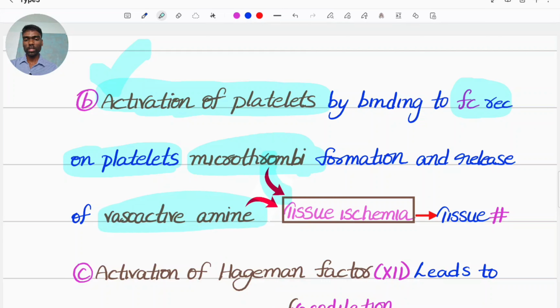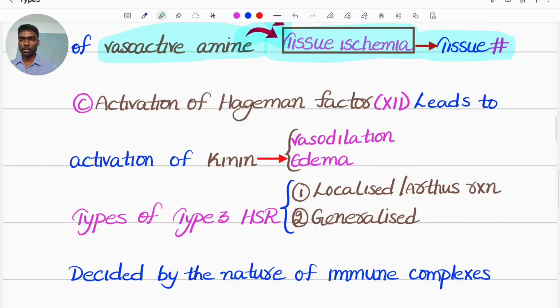These two will lead to tissue ischemia, ultimately leading to tissue damage. Next, last mechanism, activation of Hageman factor, nothing but factor 12, a clotting factor. It leads to activation of kinin. Kinin is responsible for inflammation, leading to vasodilation and edema.